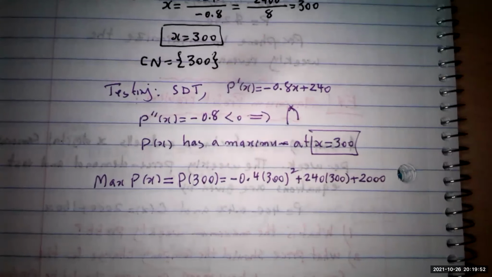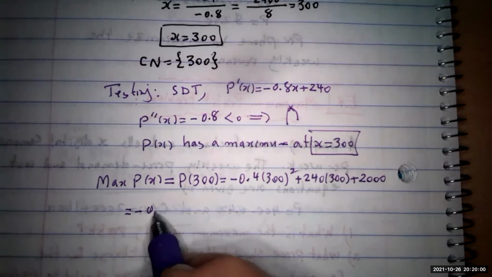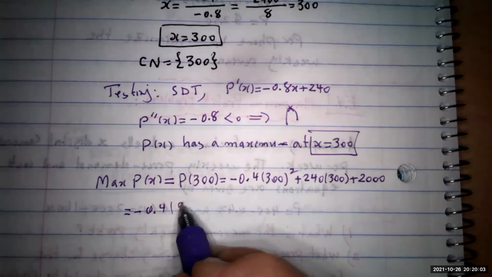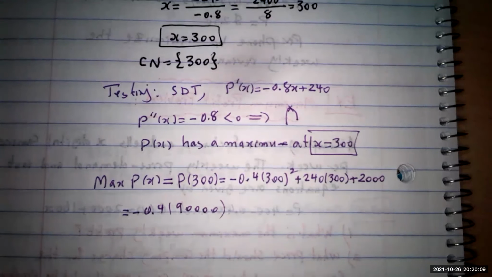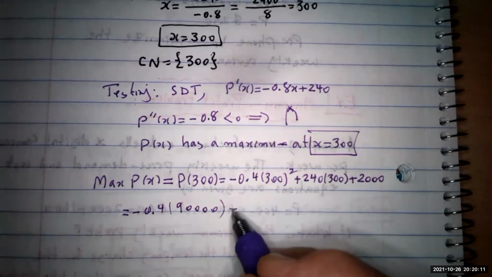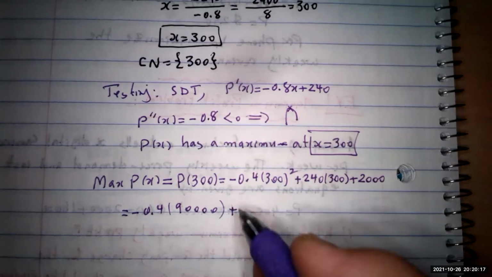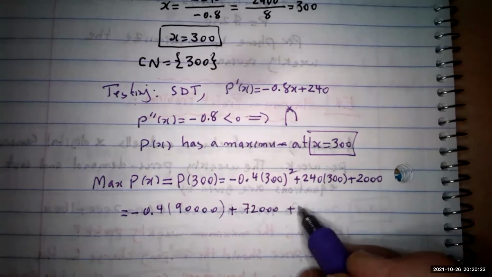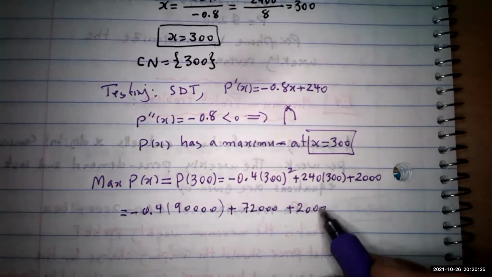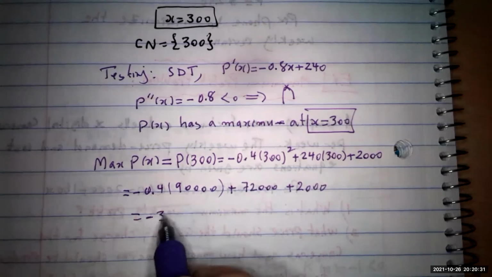You already got the profit function, then you substitute to get the money. So we have to square this one first. It's going to be negative 0.4 times 90,000, because 3 squared would be 9, and we get 4 zeros. And this is going to be plus 3 times 240, which gives you 72,000, and plus 2,000. 9 times 4 would be 36, so it's negative 36.